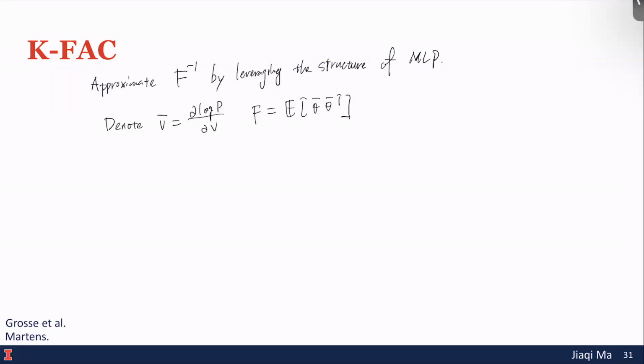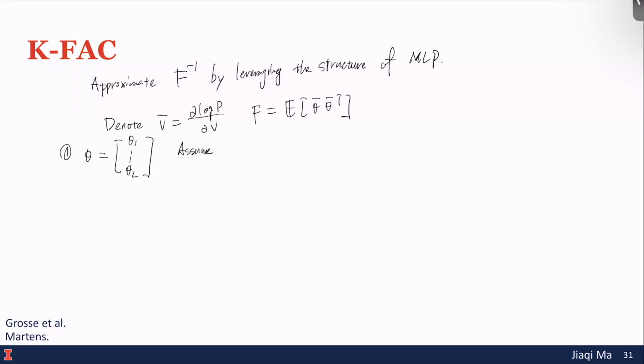In K-FAC, the first approximation is that we look into the different layers of this MLP, the fully connected neural network. Suppose there are L layers of the MLP, so we can decompose theta from theta_1 to theta_L.